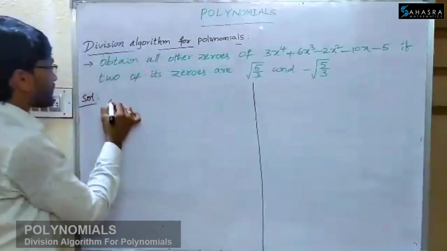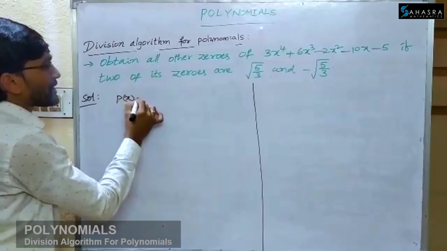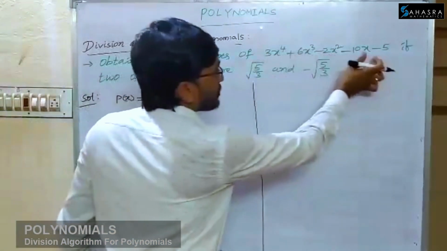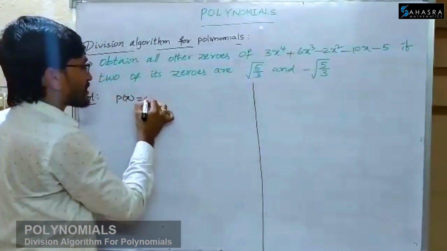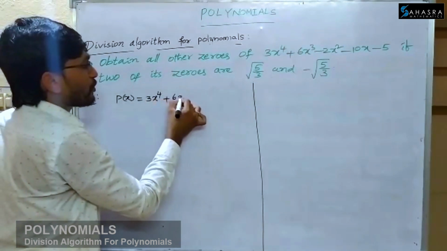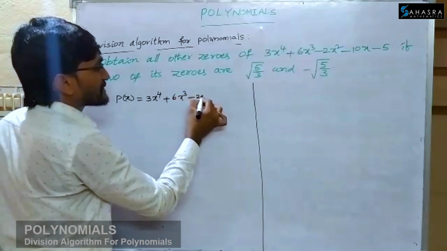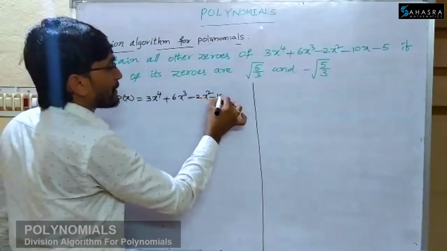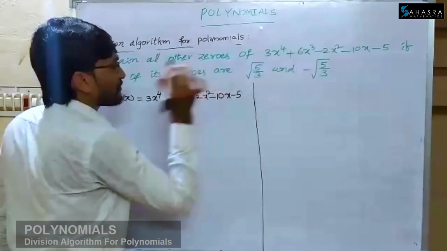let us consider the given polynomial as p of x. So here all the terms are in descending order of powers. It is in standard form. P of x equal to 3x power 4 plus 6x cube minus 2x square minus 10x minus 5. Okay.